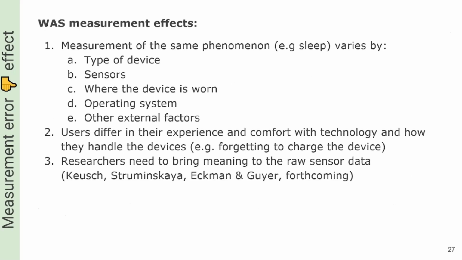But we have a negative measurement effect, which is when you start using wearables, apps, and sensors, there's a massive variation by type of device, for example. My story is that I used to run 2.5 kilometers with a few colleagues.